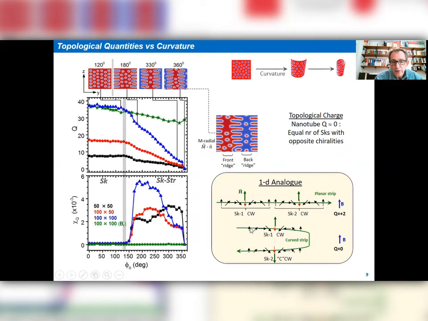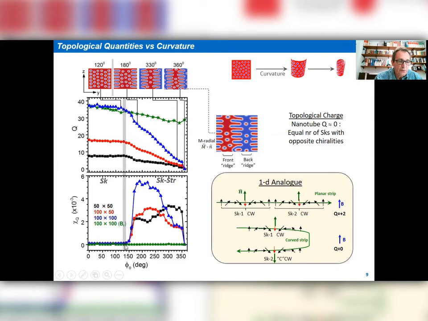But when you calculate the topological charge, in the first case, both have +1 topological charge, so in total 2. But in this case, the topological charge of the lower skyrmion is -1. So if you add the topological charge, you get 0. So the topological charge is not really a good quantity to calculate in the case of a nanotube where you have surfaces of opposite normal direction.